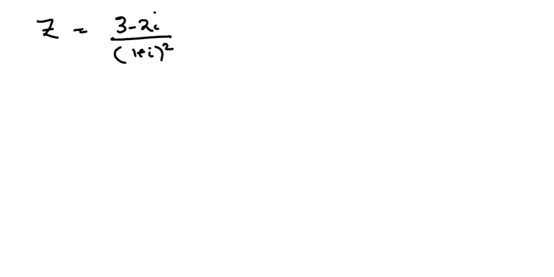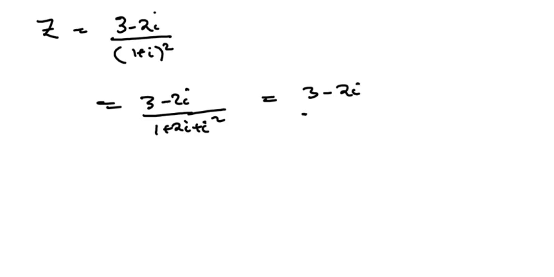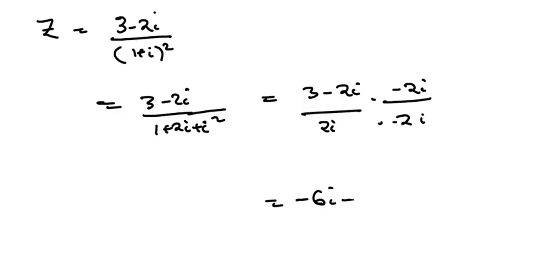They want this in the form of x plus iy. So this is just going to be 1 plus 2i plus I squared. This is the same as 3 minus 2i over 2i. Then we multiply by negative 2i and also negative 2i. This is going to be negative 6i, then plus 4i squared.